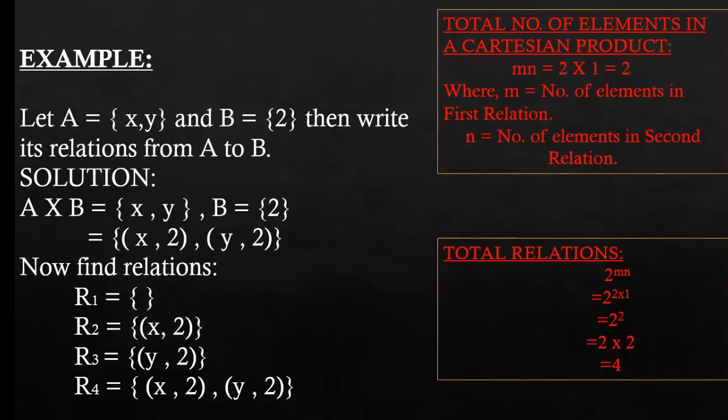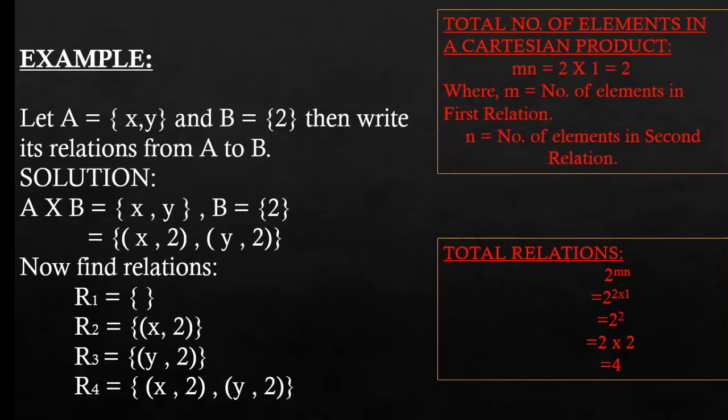So there is a set A which is equals to xy and B is a set which is equals to 2. First you need to find the total number of elements in a Cartesian product. The total number of elements in a Cartesian product is mn. The set A has 2 elements and B has one element which is 2.